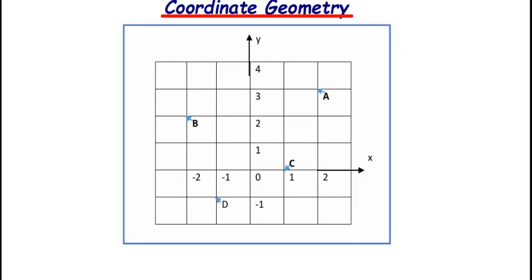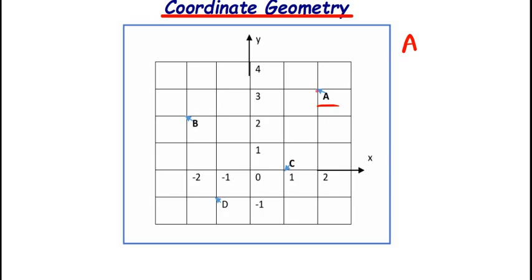Now if they ask you to come up with the points given the Cartesian plane in this form, the coordinates must be in the form of x followed by y. This will show the position of the point. Let's say we are finding the position of point A, which is this point there, as you can see the arrow pointing to the position of A. Now you start with x.